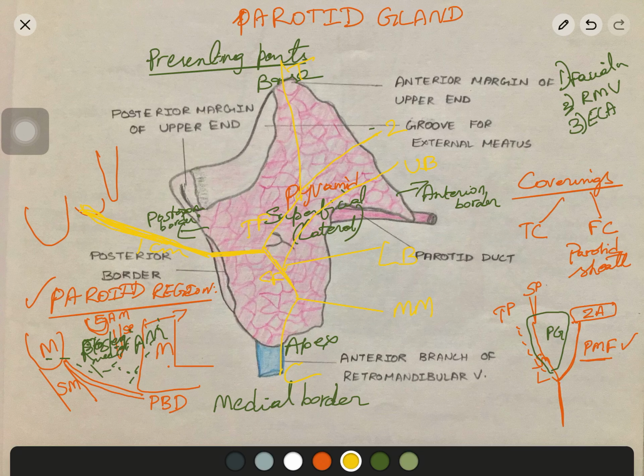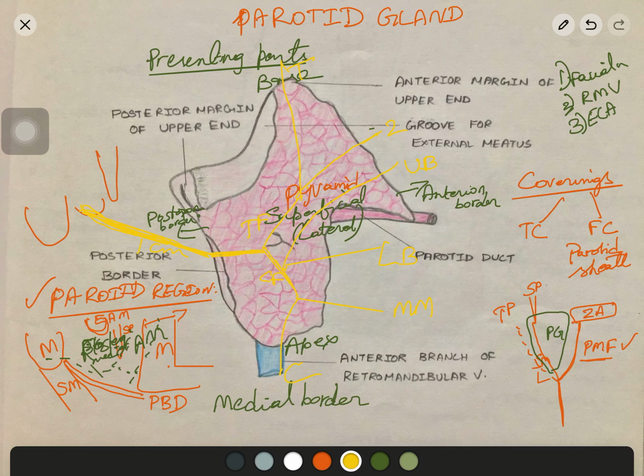So this is the one structure we have seen, the facial nerve and its branches inside the parotid gland. As if this gland is divided into superficial and deep lobes by the branches of the facial nerve. The lobes are connected by a narrow isthmus of the gland. So the branches of the nerve lie in the middle layer, like the middle layer of a parotid sandwich.